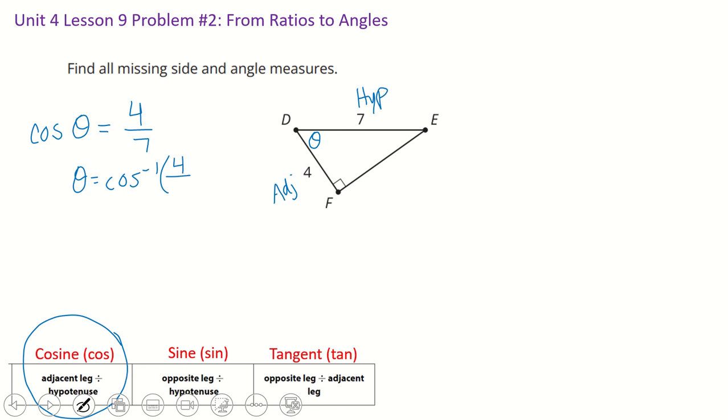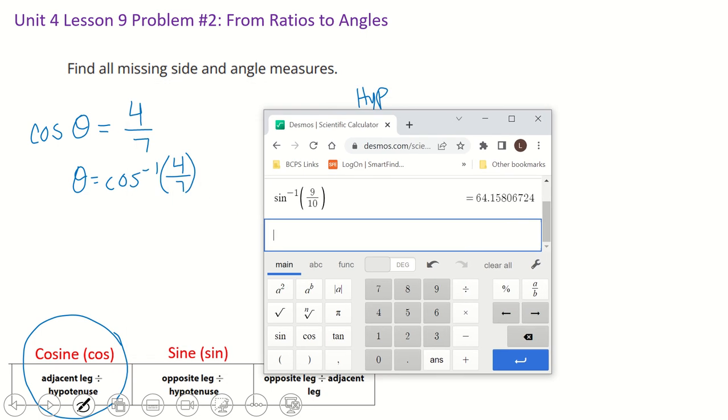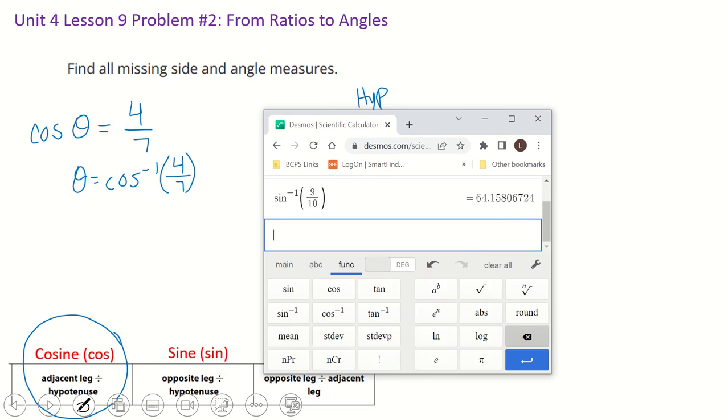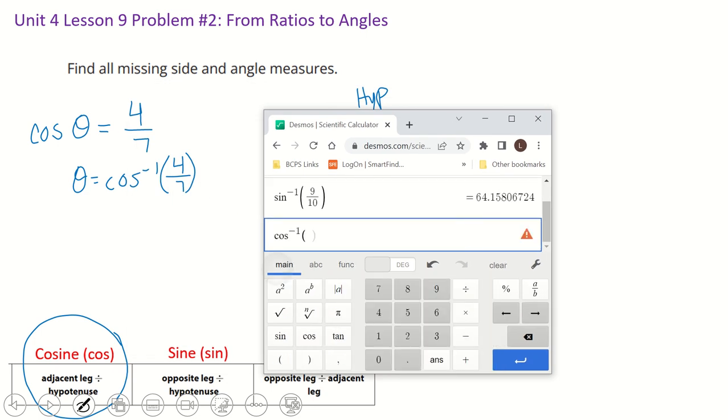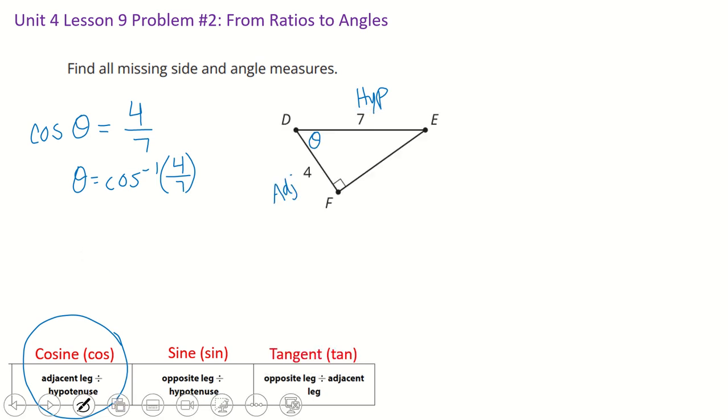And then I continue to leave my ratio 4/7. So let's pull the calculator back up. Okay, we have to go to function, inverse of cosine 4/7, and it tells me that's about 55 degrees. So I know angle D equals 55 degrees.